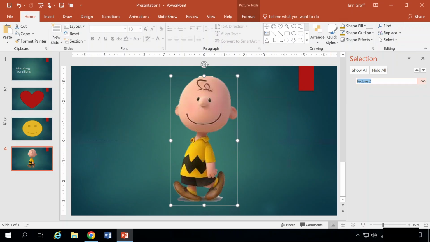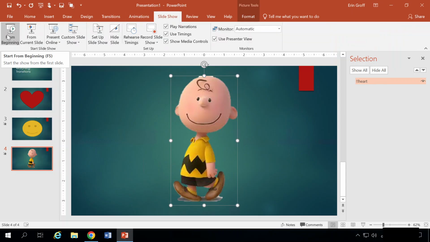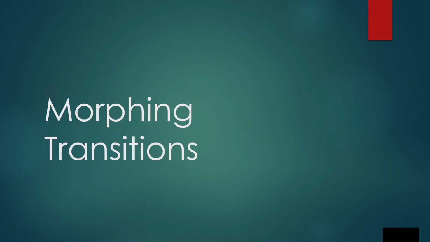So we'll do exclamation, and heart. We also have to apply that morph transition to Charlie Brown as well, so we'll go up to our transitions tab and we'll morph that. It gives us a little preview. Now let's see how that plays out from the beginning of our slideshow.